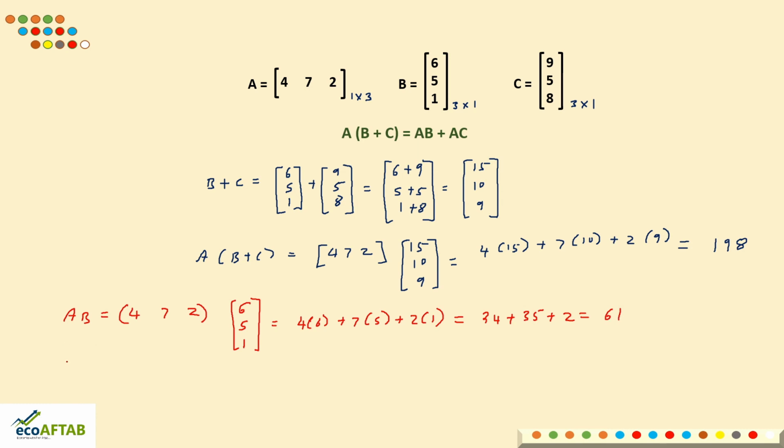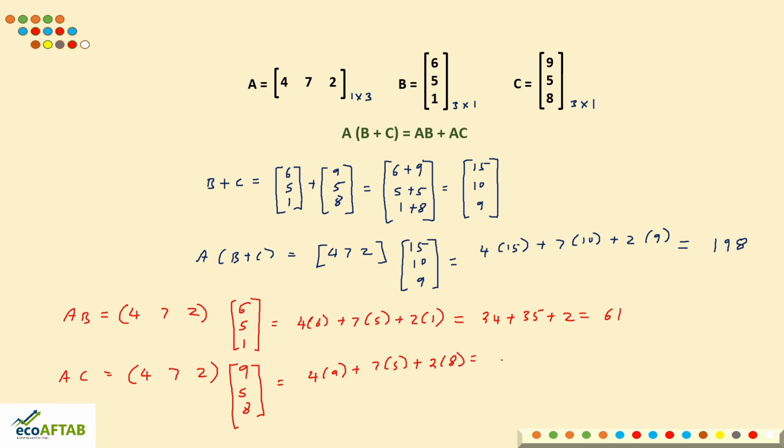So we got AB. Similarly, what is the case with AC? AC is again 4, 7, 2 with C, that is 9, 5, 8. When we multiply these two matrices, what we get is 4 into 9 plus 7 into 5 plus 2 into 8.